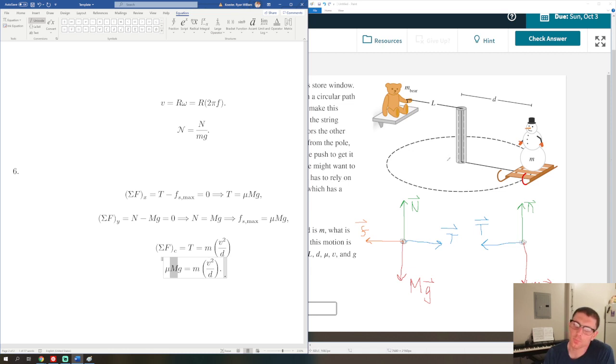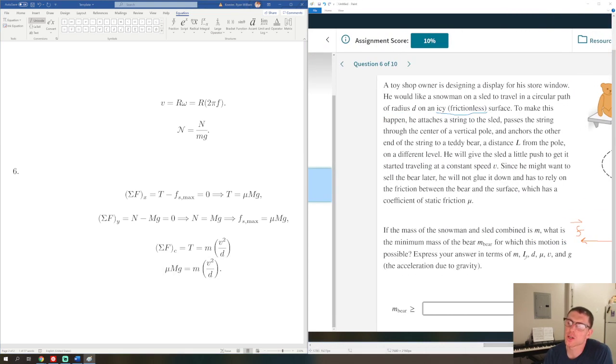It doesn't matter what we call it when it comes down to it, except that the system will only accept using d. It wouldn't accept R because that's not one of the choices. But interestingly enough, we note that this does not depend on big L, right? And it's kind of tricky that they would tell us to express your answer in terms of all this stuff and big L, because we see that this doesn't end up being necessary.